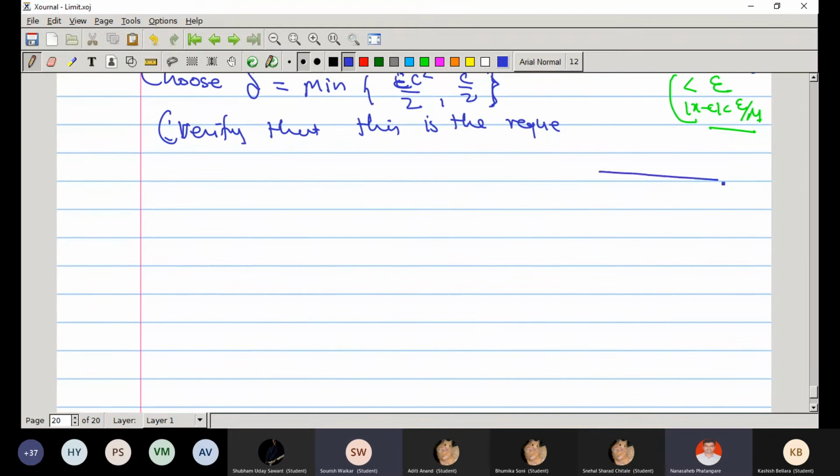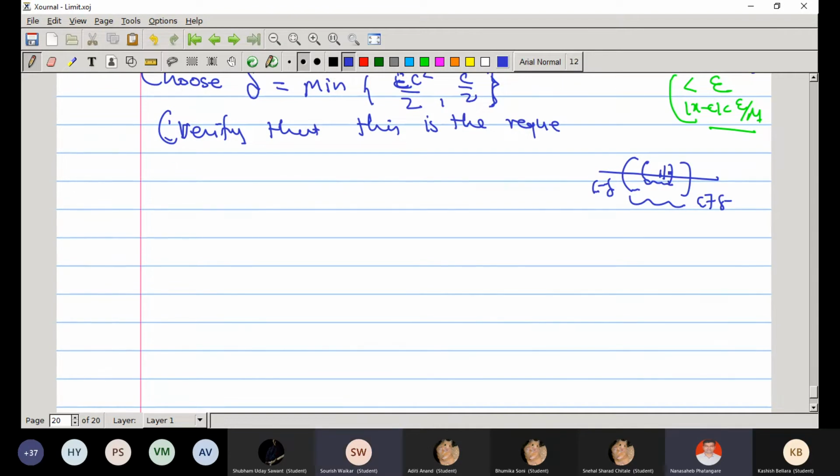What is the reason? If something is true in this neighborhood, C minus delta to C plus delta, can I say that something is true in this smaller neighborhood? Yes. Suppose I say that the temperature of your room is 20 degrees Celsius, and in some small corner, the temperature of that small part of the room is also 20 degrees Celsius, right?